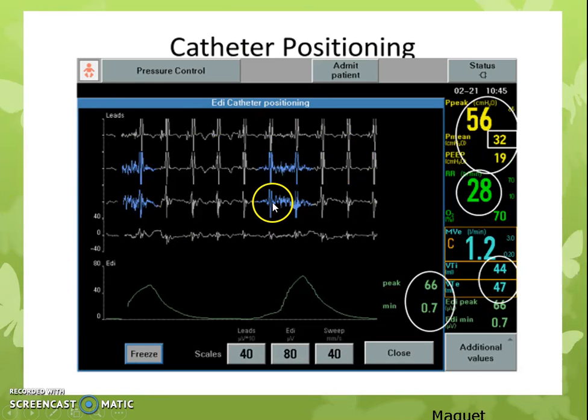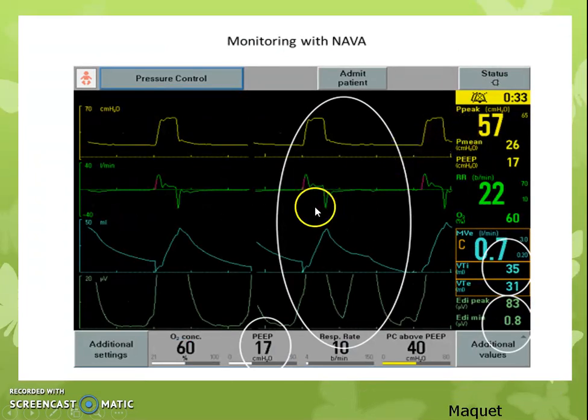Now this is another case that I want to show you. Perfect catheter position, peak pressure at 56 and patient EDI peak at 66. Remember, this patient is still on pressure control, and right now it's 10:45. When we put the patient on the NAVA catheter right here, you can see the peak pressure at 83, patient on PEEP of 17.